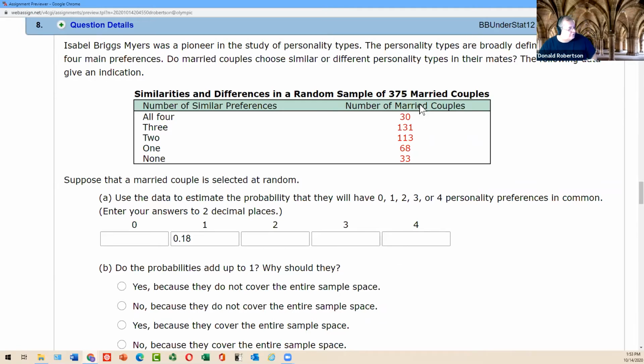Now, a social scientist might look at this data, and I would expect they'd come to a conclusion that people tend to get married to others who share a lot of common traits, but they don't like getting married to someone who's like a male version of them or a female version of them, right?